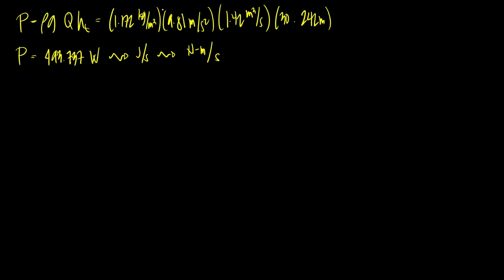The kilogram times meters per second squared gives Newton, the meter cube cancels out leaving a meter, per second. So Newton meter per second, or joules per second, or just watts.